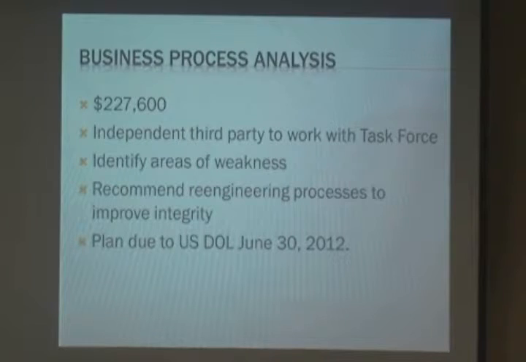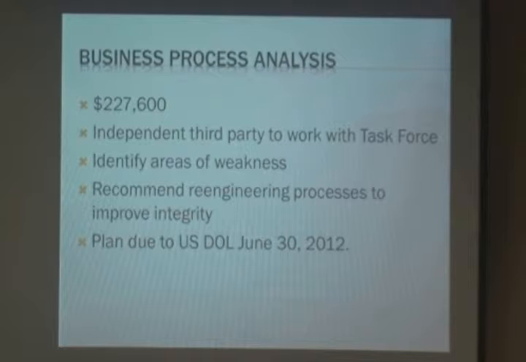The other piece of this, which I thought was very interesting, and I really questioned it at first, and now I see the wisdom of this. There was a potential of $250,000 to hire a third party to work with our task force in developing the plan.